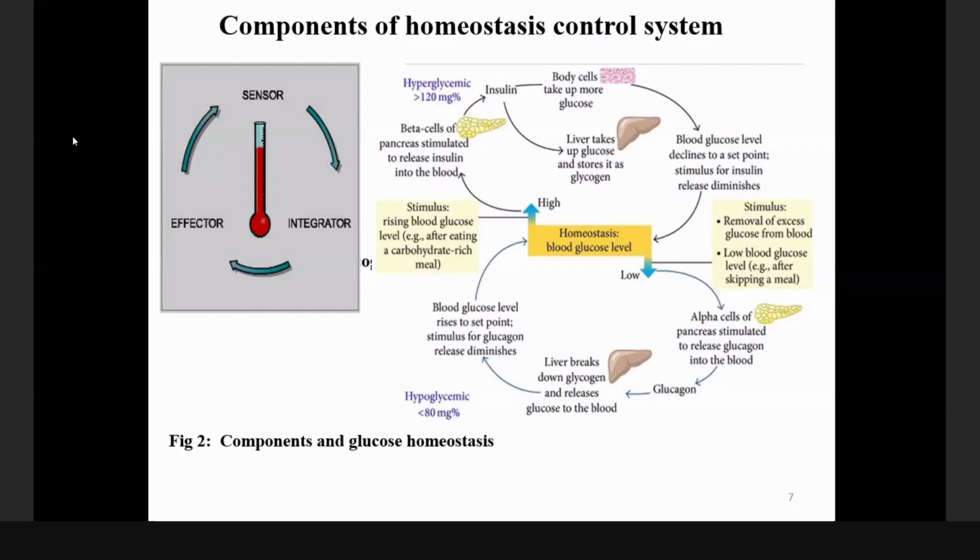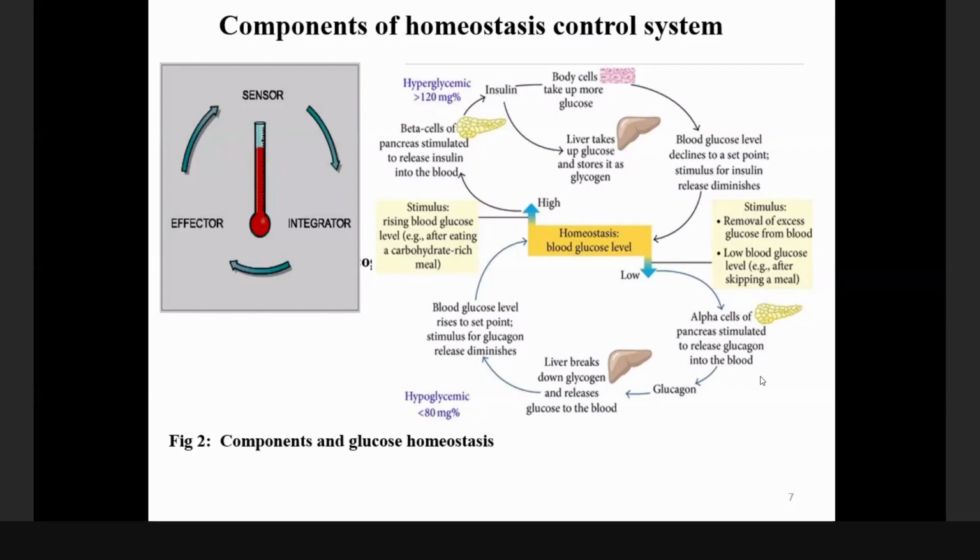So what is the next step? The integrator compares the set point, the normal, and the changed value. For instance, your normal body temperature is 37 degrees centigrade, and because of a changing factor, assume your body temperature is increased to 39.